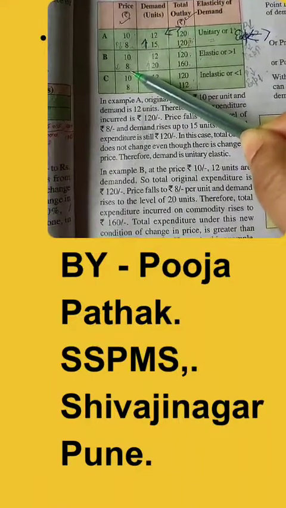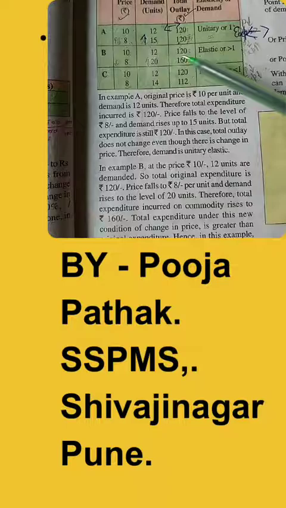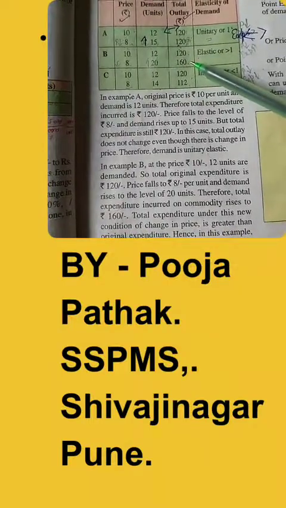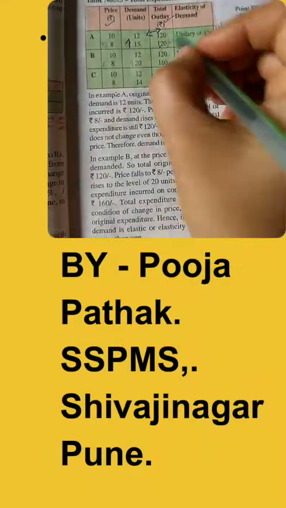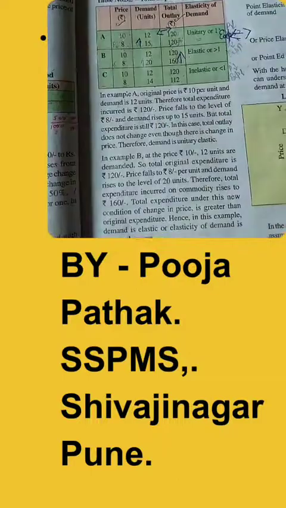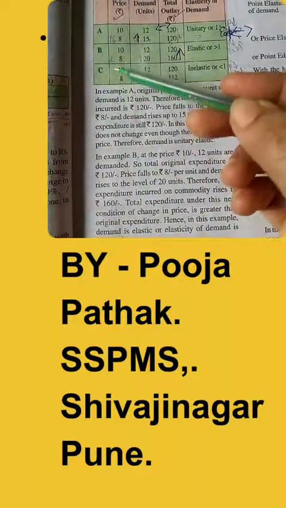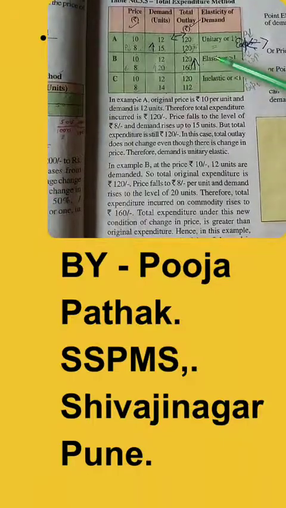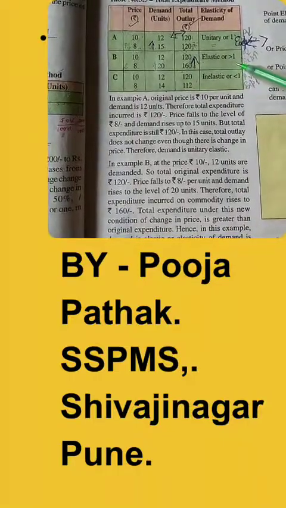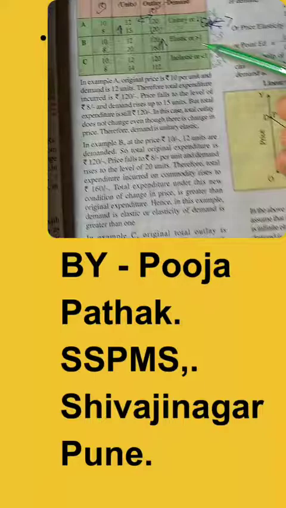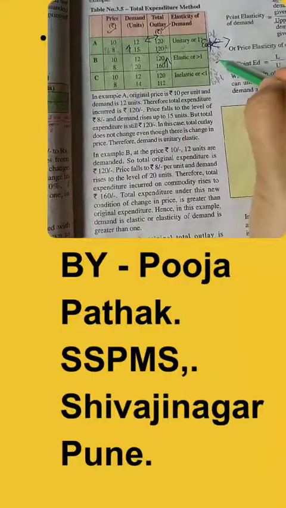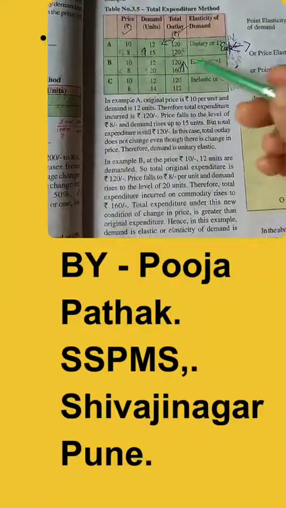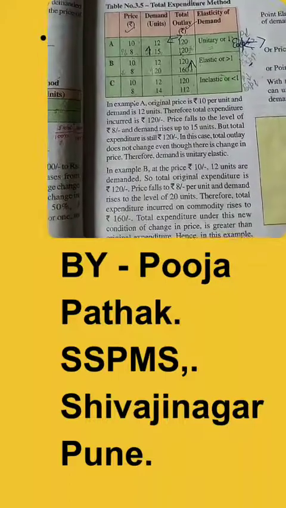When the price is decreasing, what has happened? Outlay has increased. Price decreased, outlay increased. So that type of elasticity is relatively elastic demand, so elasticity is more than 1.